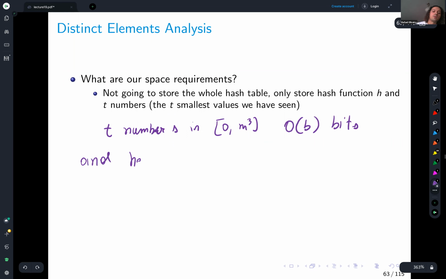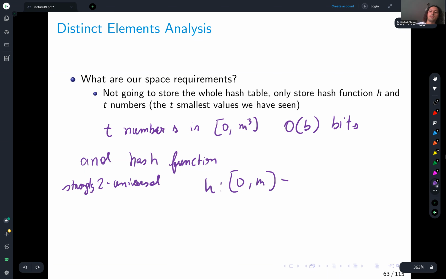Hash function h from [m] to [m cubed], and remember, this is strongly 2-universal.